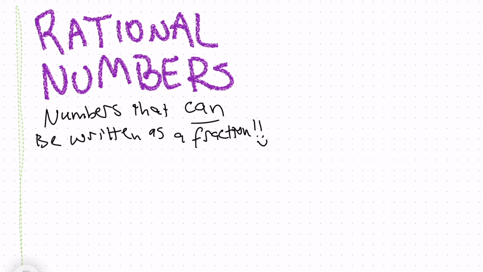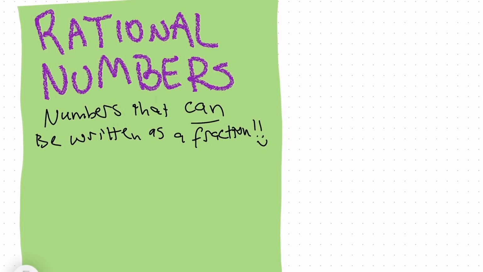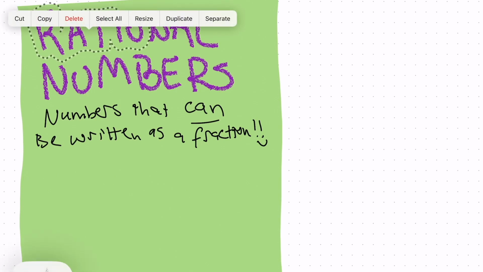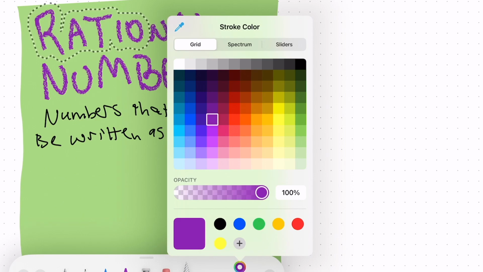This means that the test, whether or not to check if a number is a rational number, is to see if it has a ratio or it can be written as a fraction. And we can see inside the word rational has the root word, which is ratio.